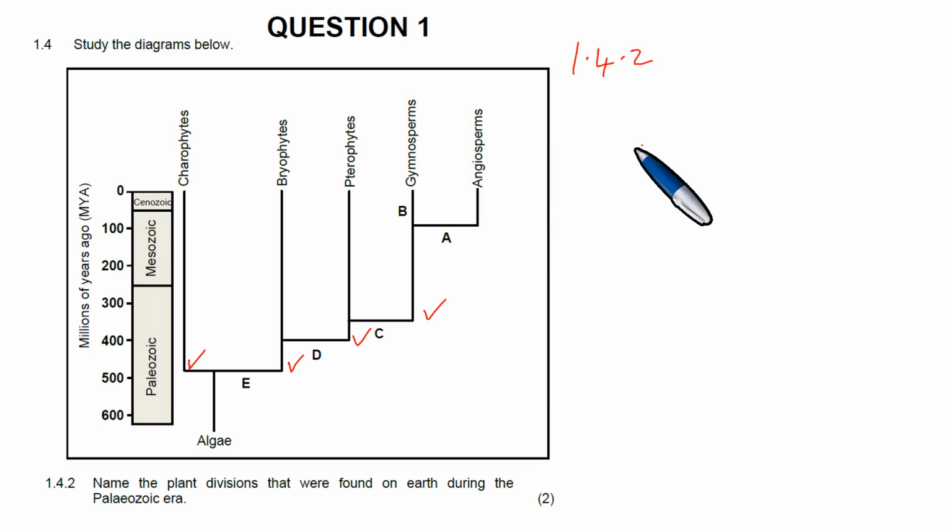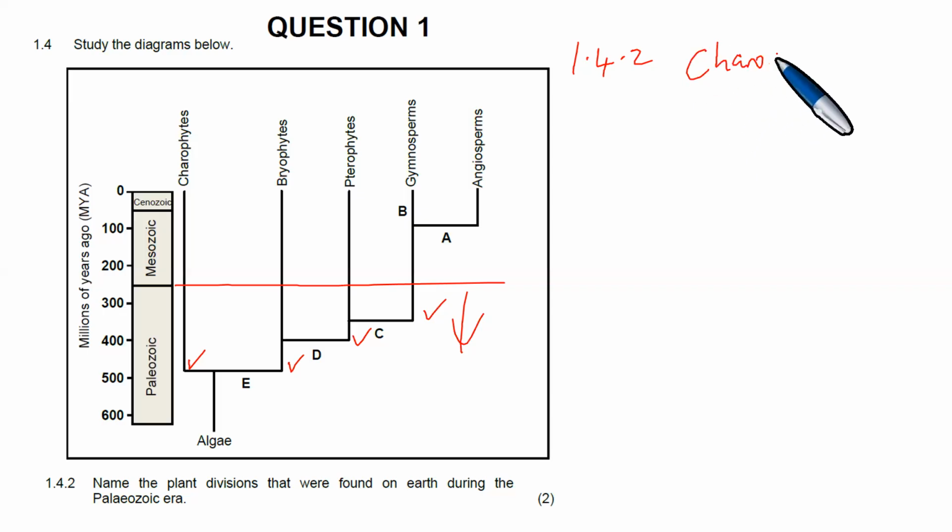So, in other words, for 1.4.2, because now you're looking at the mark, if these things are below here, you can see those three there. So you have the Charophytes, the Bryophytes.